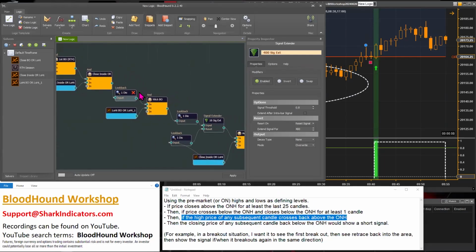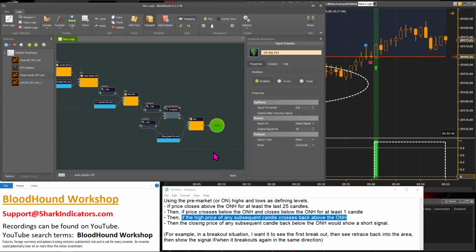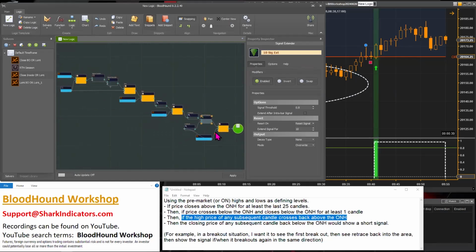And then you might use some look back nodes to displace the previous condition forward onto the next bar for the next one, and you might have another signal extender in there somewhere. So there is a common looking theme here to systems that take one condition and extend it forward for the next one, and then extend that forward for the next one.